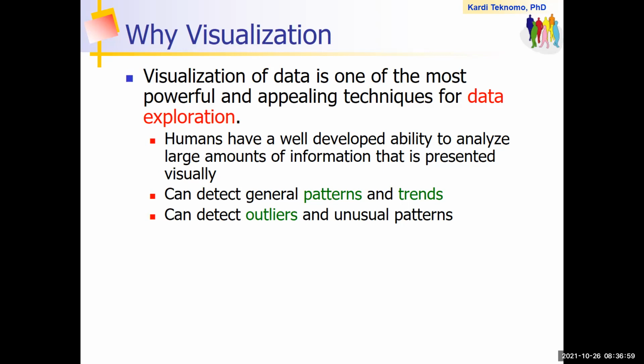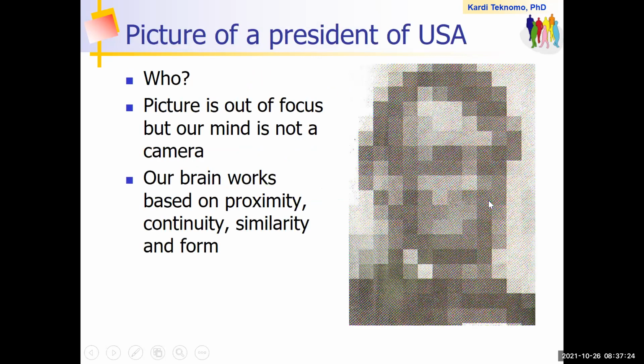Humans have a well-developed ability to analyze large amounts of information that is presented visually. Okay, so when we see things, it is usually better than when we hear things. Okay. Now, we can detect general patterns, the trend. Yeah? We can detect outliers, unusual patterns using our eyes. Right? So, example here. Do you know whose picture is this?